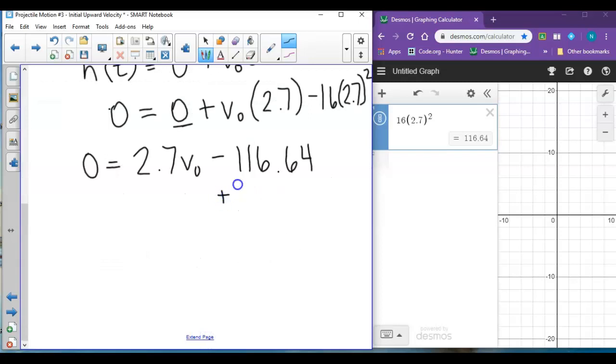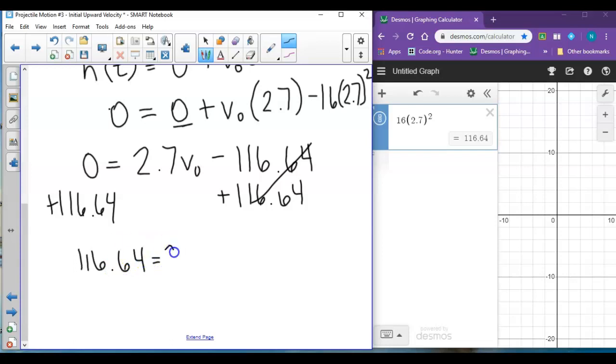We're going to add that 116.64 over here to the other side. And so that gives me 116.64 equals 2.7 times v sub 0. And now I'll divide both sides by 2.7.